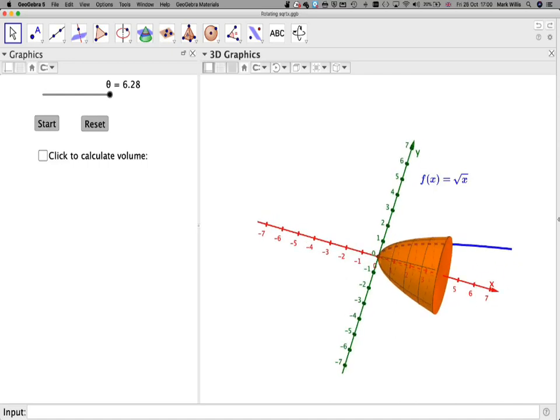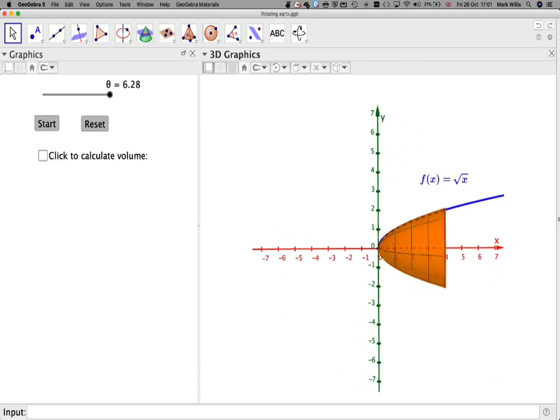What you've got to imagine is you've got an infinite amount of small circles, and we know that the area of a circle is pi r squared, where r is the radius, but the r is the value of f of x at any point, so we get pi f of x squared, and to sum those we need to integrate. So we'll come back and look again at the applet at the end of the session.